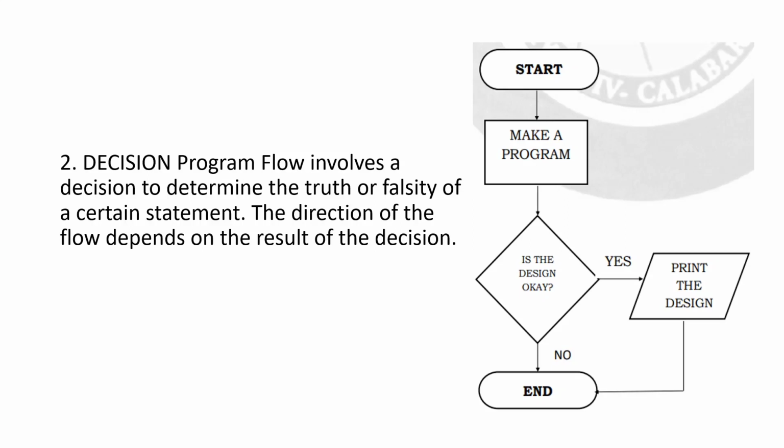Is the decision okay? If yes, you print the decision. If not, go to end. So end the process. Here we use the rhomboid to answer the question, is the program okay?